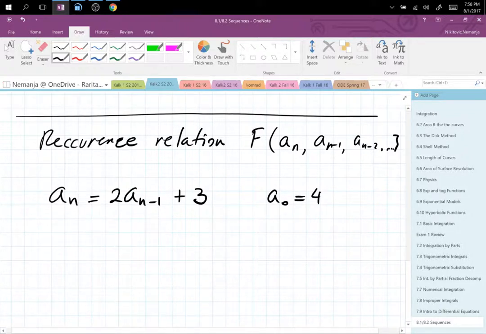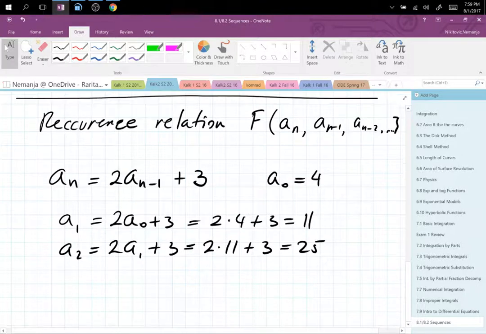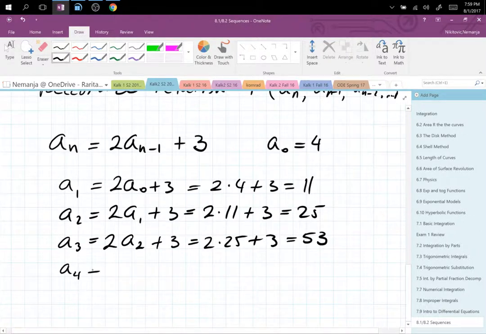So what's a_1? a_1 is definitely 2a_0 plus 3, which is 2 times 4 plus 3 equal to 11. a_2 is 2a_1 plus 3, which is clearly 2 times 11 plus 3, which is 25. a_3 is 2a_2, you always take the previous one, plus 3, which is 2 times 25 plus 3, which is 53. a_4, and I'm going to stop here because I'm getting bored, 2 times 53 plus 3 is 109.